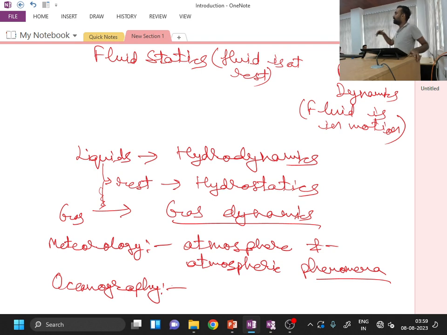For example, you have the motion of submarines. So submarines are interacting with the ocean water. Okay, you have oil spillages in the ocean. Okay, you have sediments and debris flow in the ocean. Okay, so all these types of studies which are involving ocean and ocean ecosystem, these come under the category of oceanography.